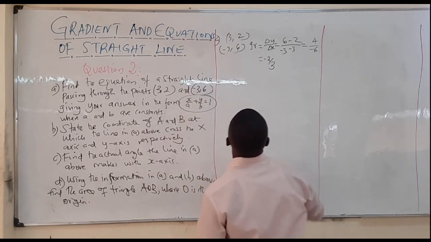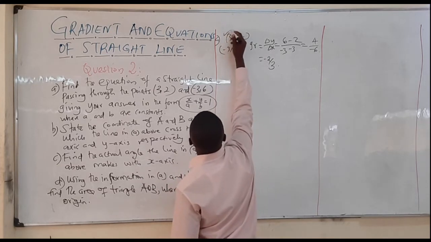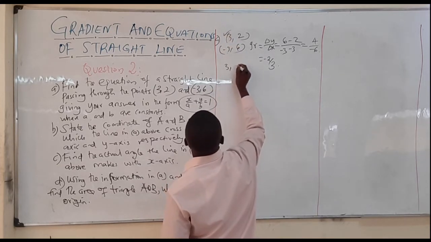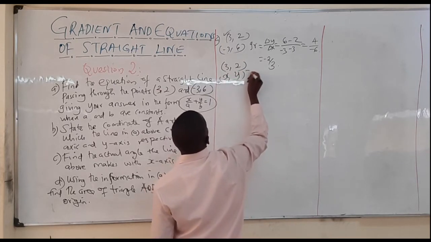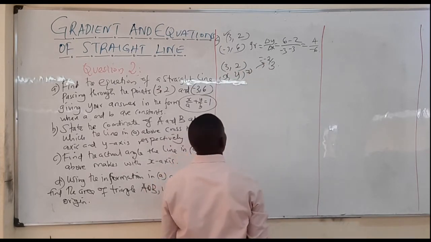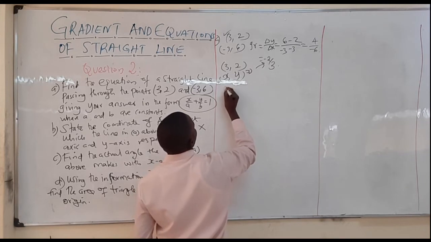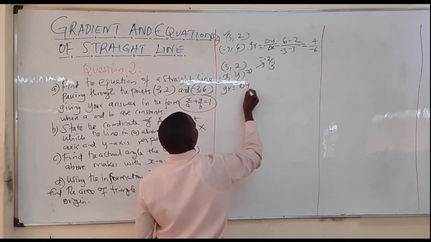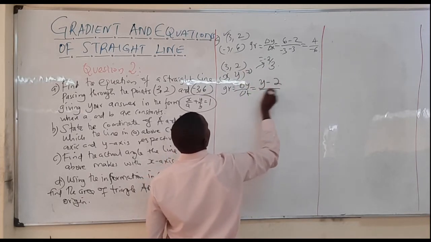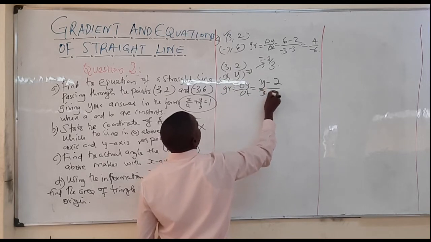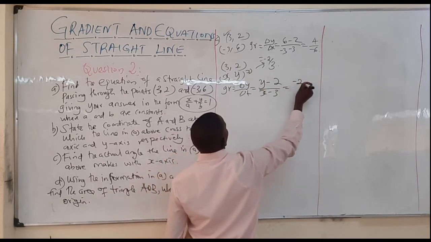Then we need to get the equation. You can take a point like the first one, (3, 2), and a literal point (x, y), and of course we have the gradient as minus 2 over 3. So gradient is given by change in y over change in x, then y minus 2 over x minus 3 equals minus 2 over 3.